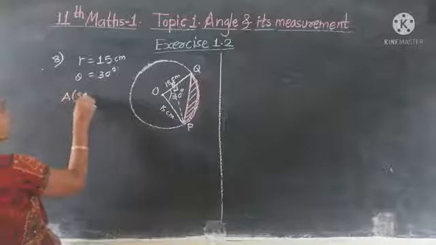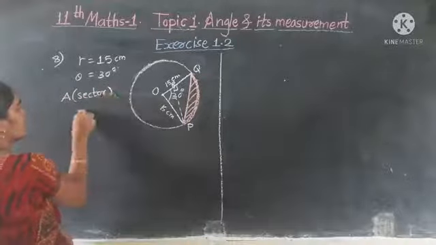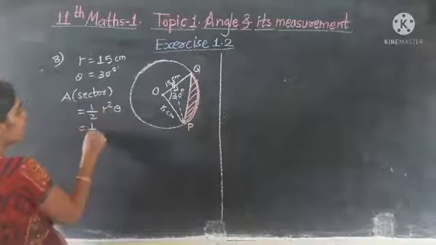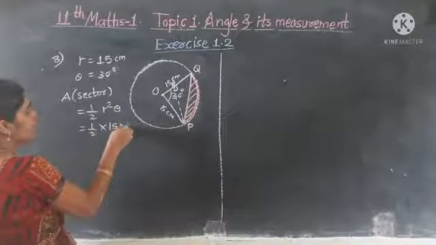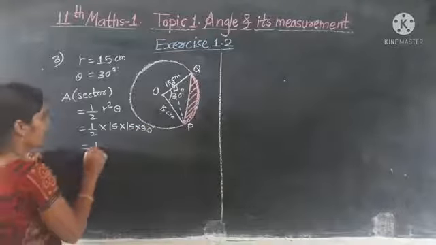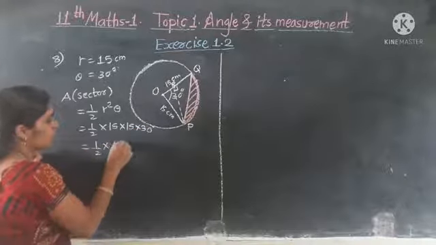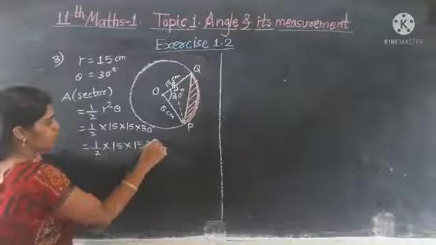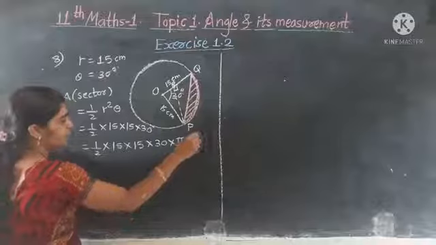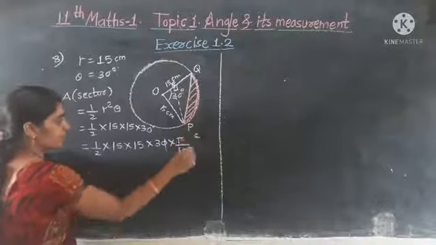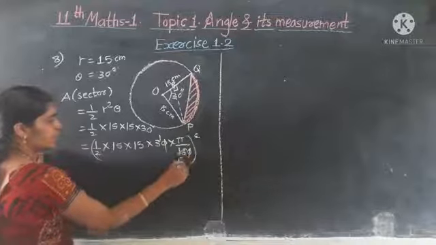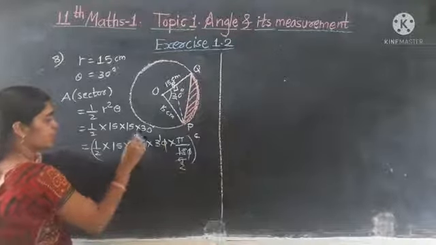Area of sector is equal to half r square theta. Half into r square means 15 into 15 into 30 degree. Half into 15 into 15 into, we convert degree into radian by pi by 180 radian. Okay. 3 1s are 3, 3 6 are 3 2s are 6, 3 5s are 15.